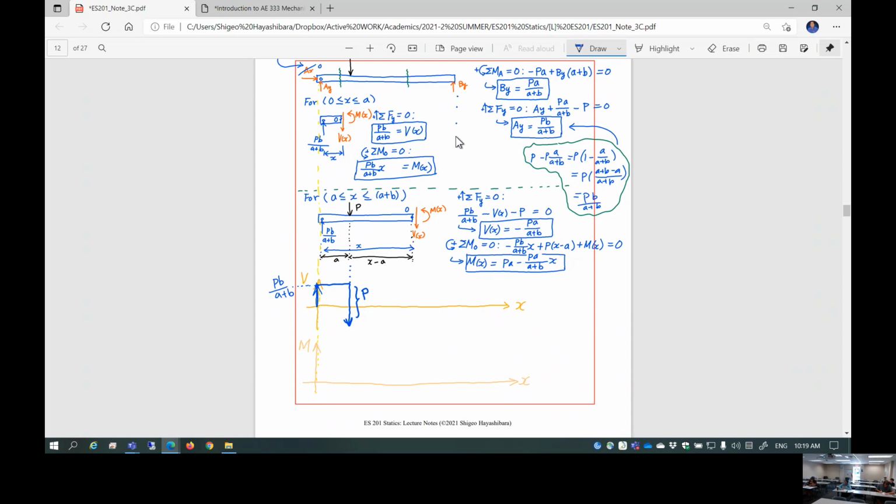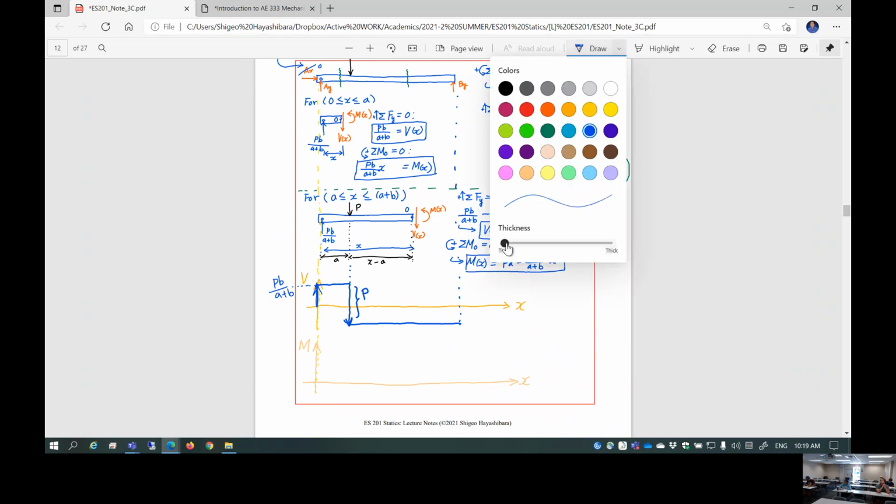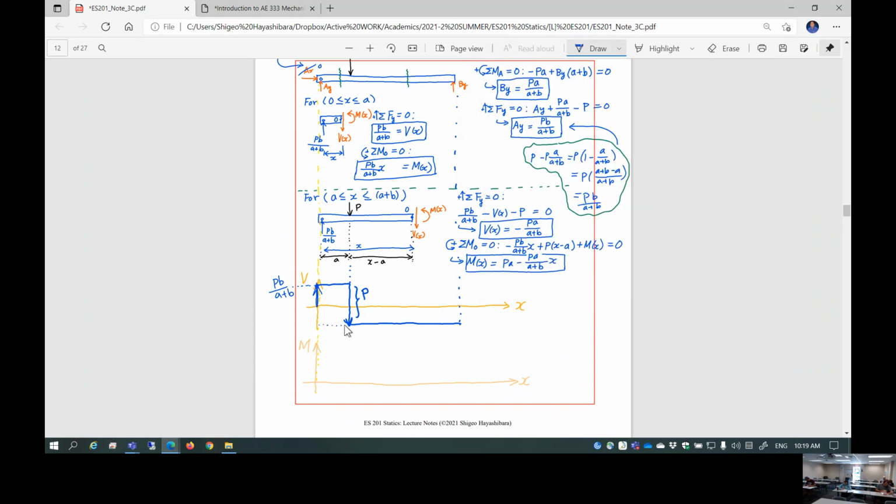And now shear becomes constant until the very end of the beam. What's this value? This is negative PA over A plus B. That's right.